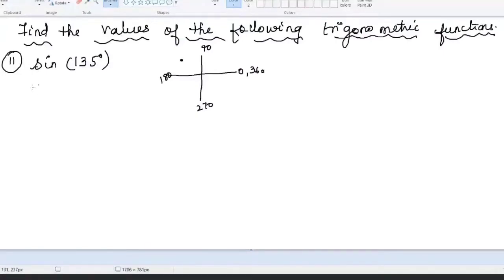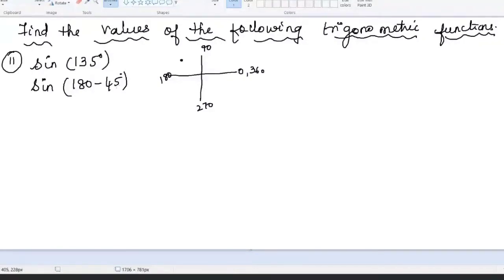So write this as sine. You can also write 90 plus, no worries, you will get the same answer. Sine of 180 minus 45 gives me sine 135. Now the allied angle concept. What are the steps to be followed?